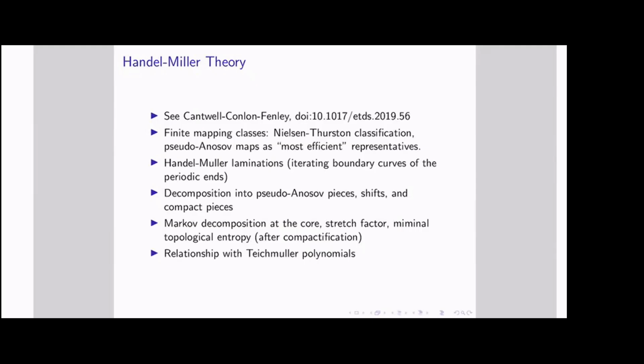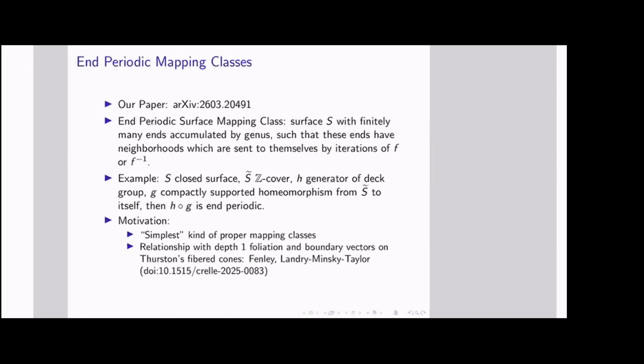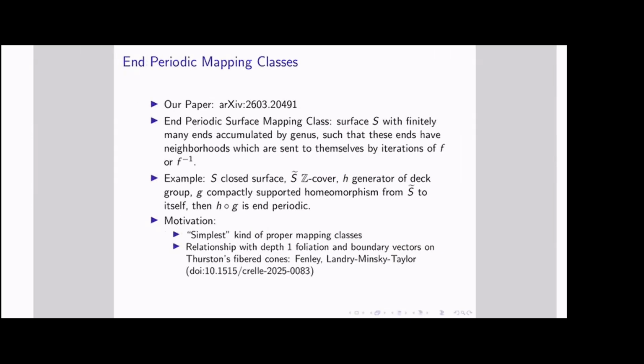The idea is that if we start from a mapping class of an end-periodic surface map, and then add in the infinite pieces to make it into a depth one foliation, we can do a small perturbation of this depth one foliation to make it into a foliation of a free manifold over a surface, under certain assumptions on the mapping class.